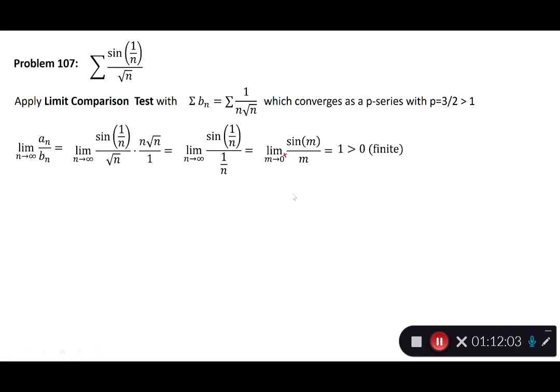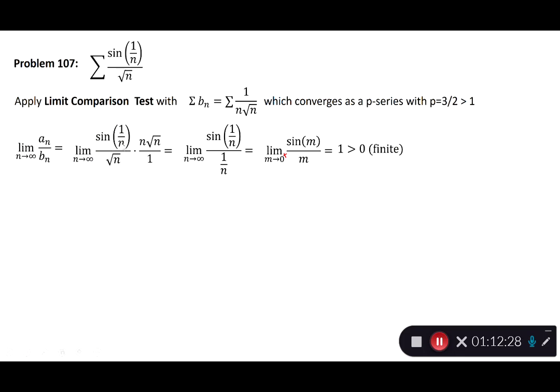Cool? Now pay attention. What did I say we need to pick for sigma b sub n? If we have sine of 1 over n on the top, we need to pick 1 over whatever is this denominator, multiplied by n, I said. Why do we do that?